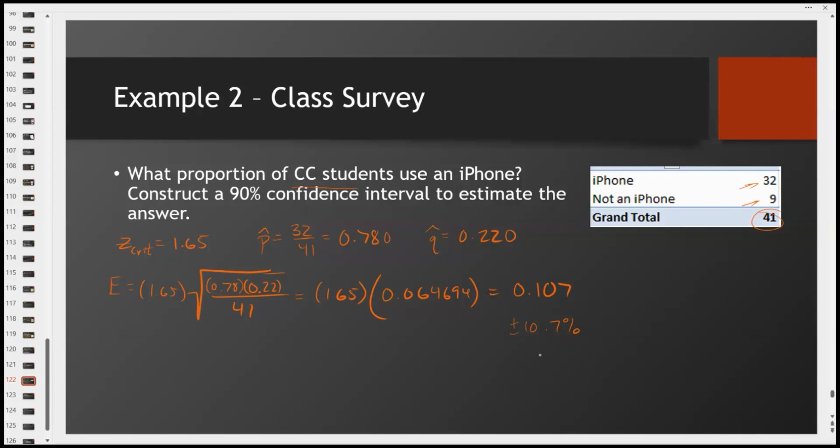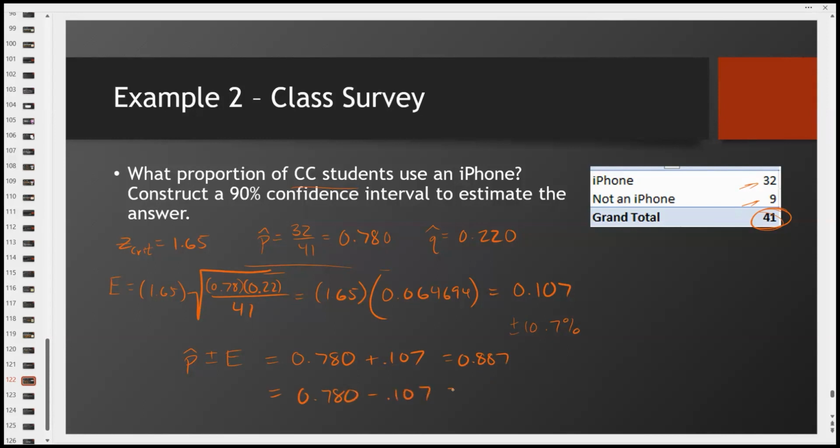And part of the problem there is we have a really small sample. In general, when you see these questions with proportions, you'll see much larger samples because you need a larger sample to reduce the margin of error. And so now if we want the confidence interval, we have our proportion plus or minus the margin of error. So 0.780 plus 0.107 is 0.887.